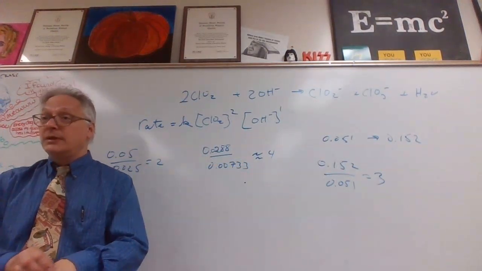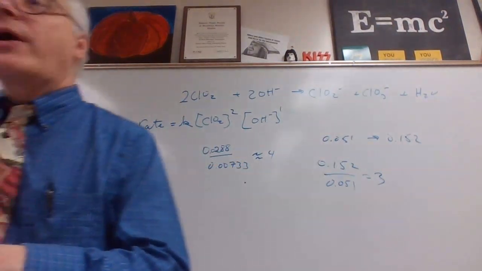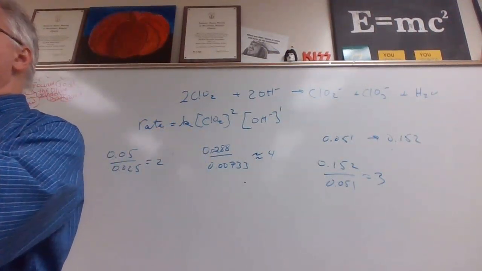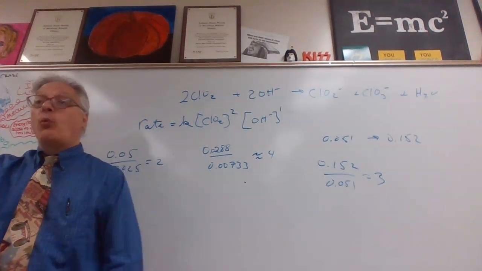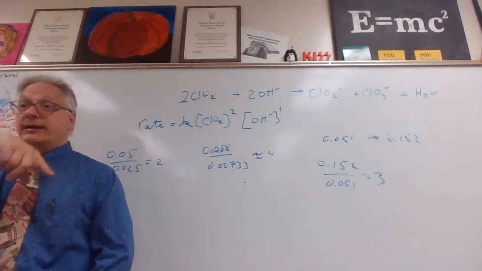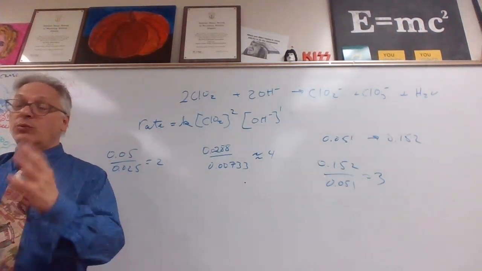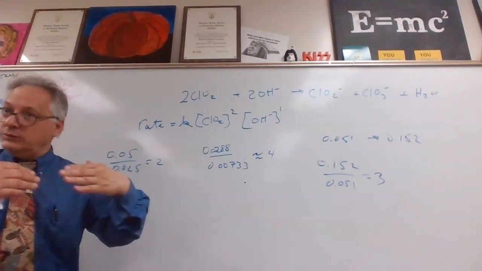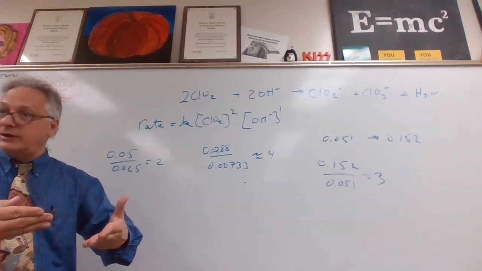The only time you have to worry about squaring that quantity is if you triple the concentration and the rate goes up by a factor of 9, that 3 squared is 9. If you double the concentration and the rate goes up by 4, you have to square that doubling of the concentration.